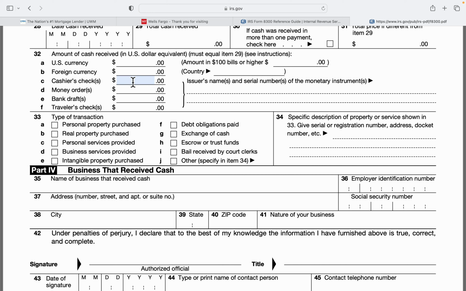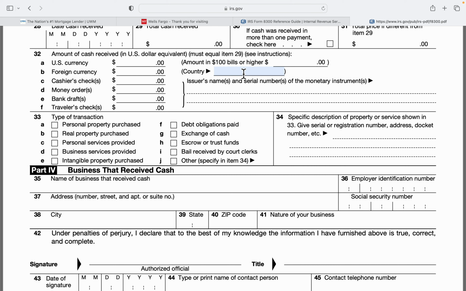If you receive a cashier's check of less than $10,000, let's say $2,000 in a cashier's check, $2,000 in a money order, and $6,000 in cash, you will list that here. They want you to be specific as far as the number of $100 bills. You will list the total amount of the $100 bills that you received here.